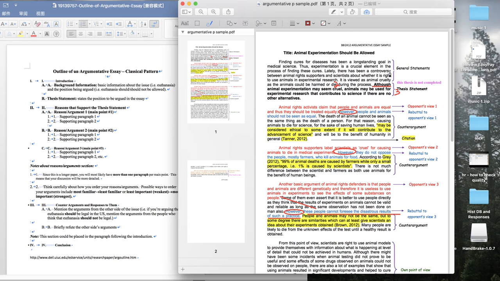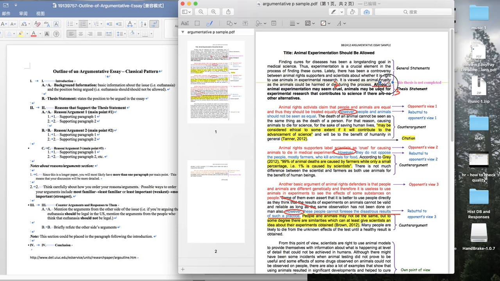So if I were you, I would love to edit or revise it in this way. Although animal experimentation may seem crucial, how about write in this way?